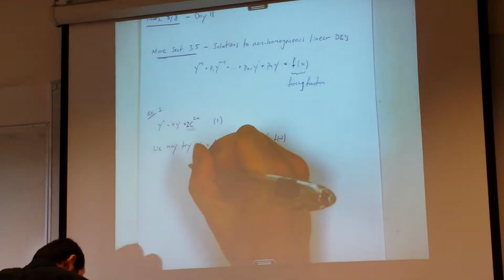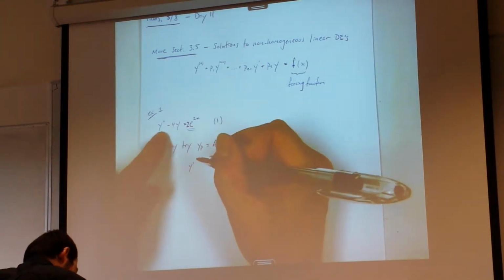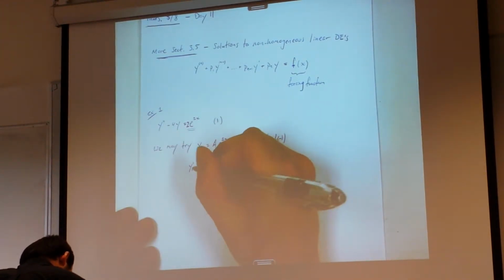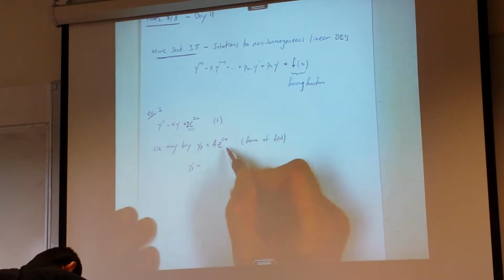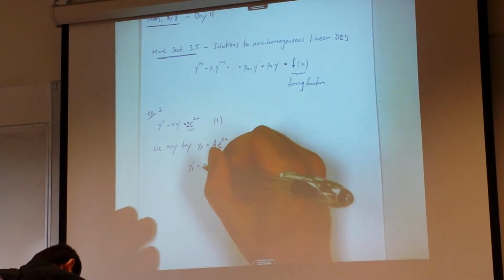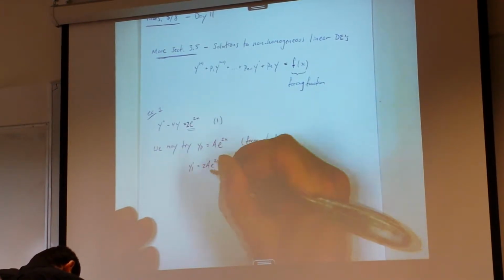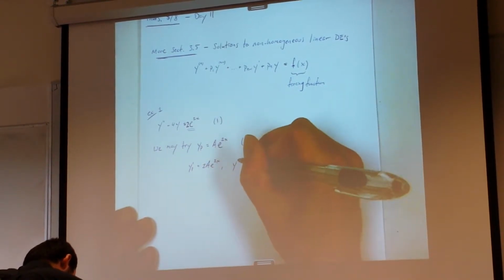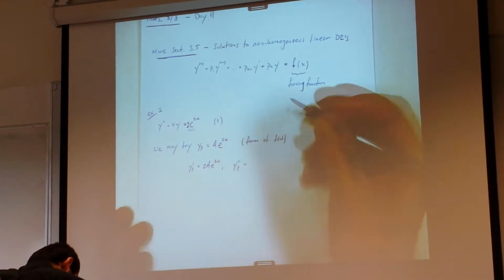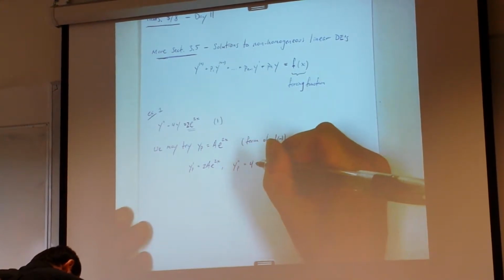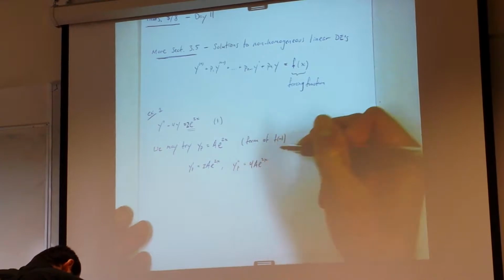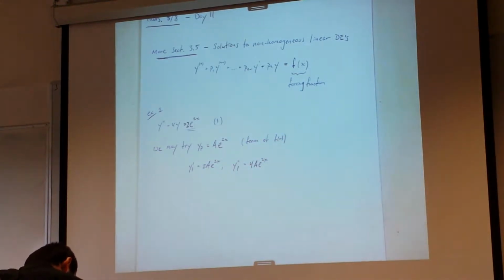So we can differentiate this because we're going to plug it in there. So y sub p prime is equal to what? 2a e to the 2x. And its second derivative? Yeah, another 2 pops out. We get 4a e to the 2x. Plug those into equation 1.